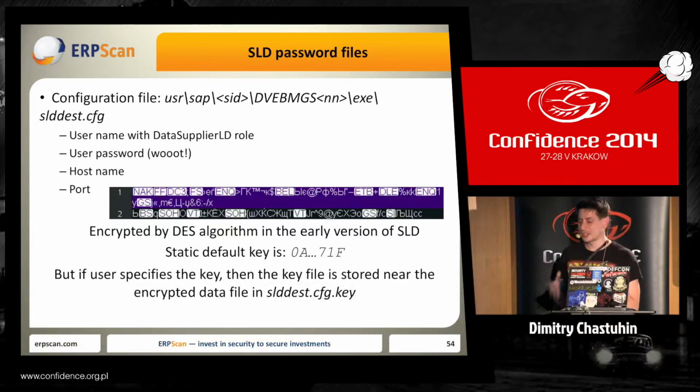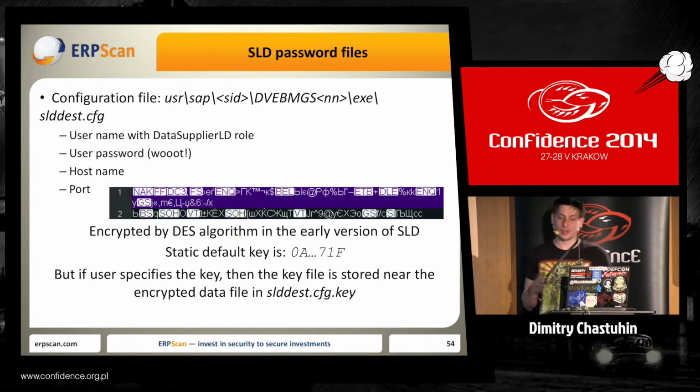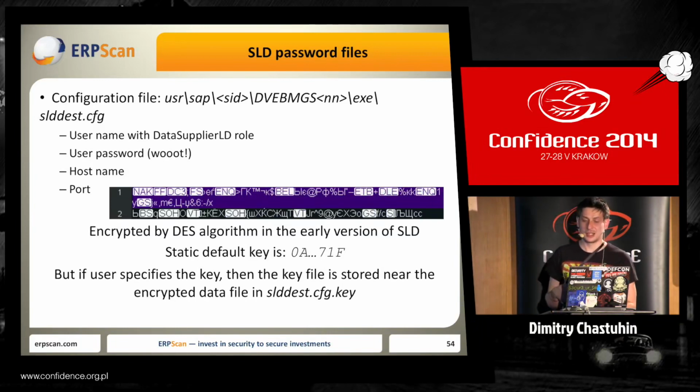And all this stuff is encrypted by this algorithm in the early versions of SLD, and triple DES in modern versions. By default, for encryption SAP used a default hard-coded key. Part of this key you can see on the slide. But if the user wants to change the default key value, then the key will be randomly generated and saved as the sld.cfg.key file and placed near the encrypted data.